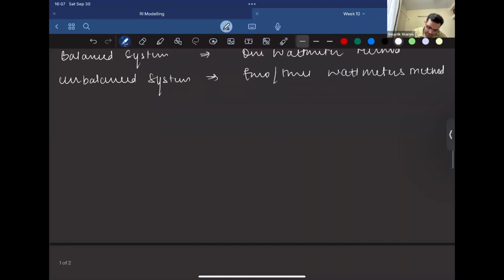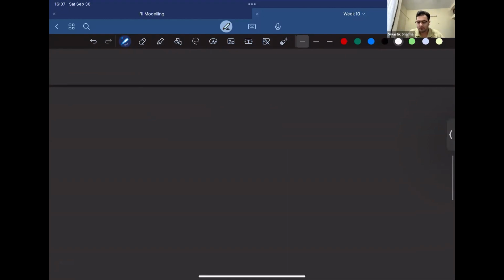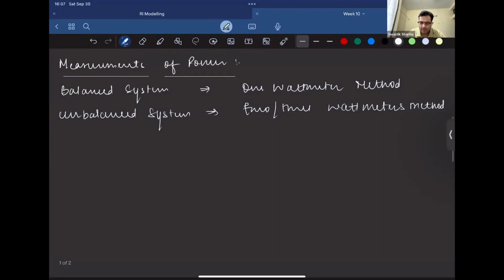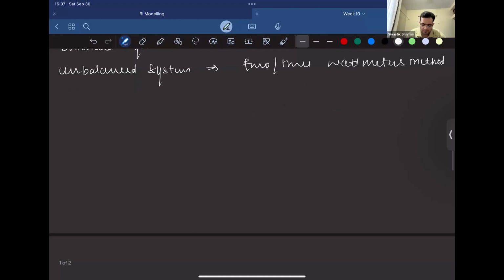So let's see how. If I show the working of one, you may calculate for the others yourself.